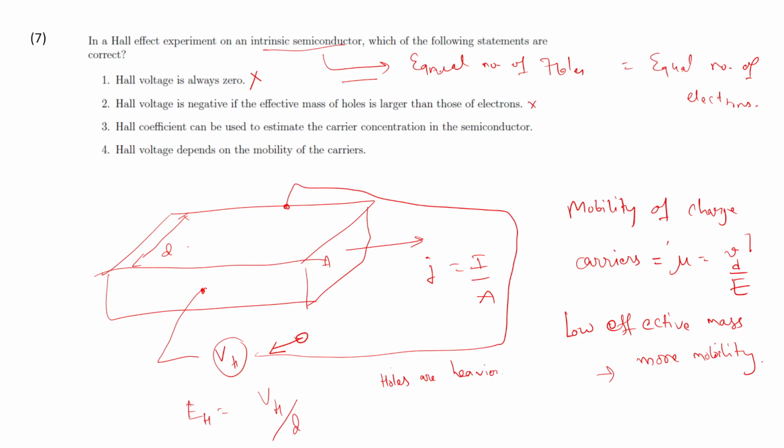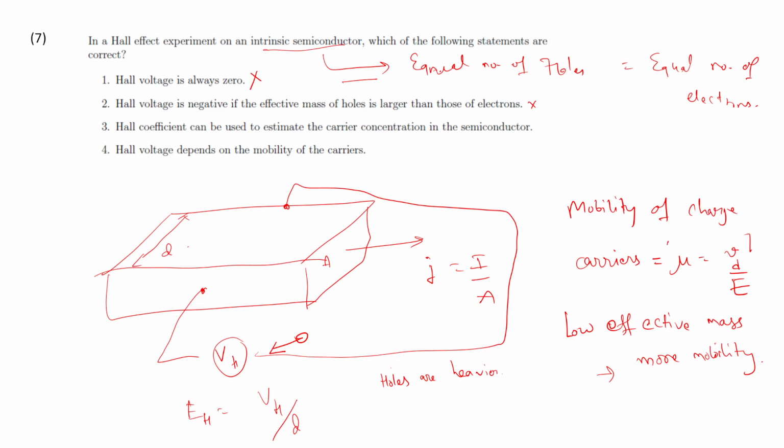The Hall coefficient can be used to estimate the carrier concentration of a semiconductor. This is also not true, because the Hall coefficient also depends on the mobility of the electrons. It is not just the carrier concentration which plays a role, and there are equal numbers of holes and electrons in the system.